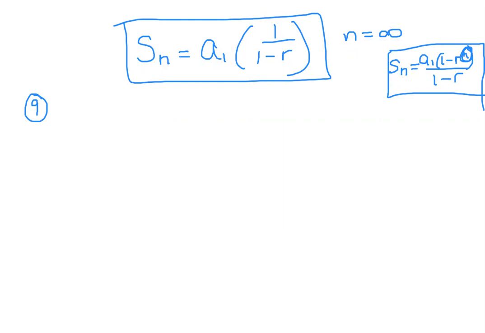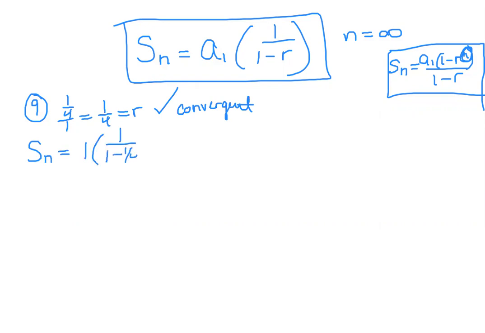So for number 9, these are all geometric, so we're going to say 1/4 divided by 1. R is 1/4, so yes, it's convergent because that is less than 1. So we're going to say Sn is A1 times 1 over 1 minus 1/4, and that equals 4/3.